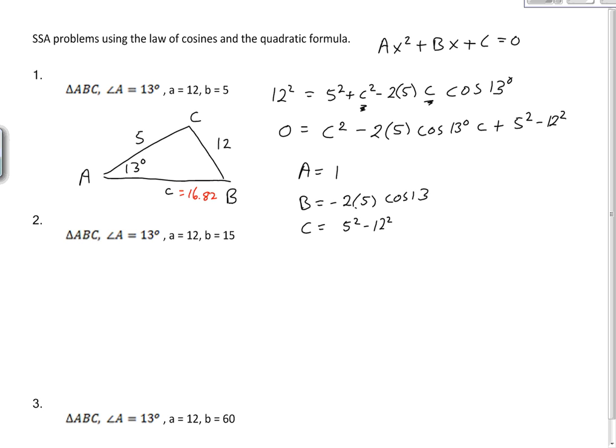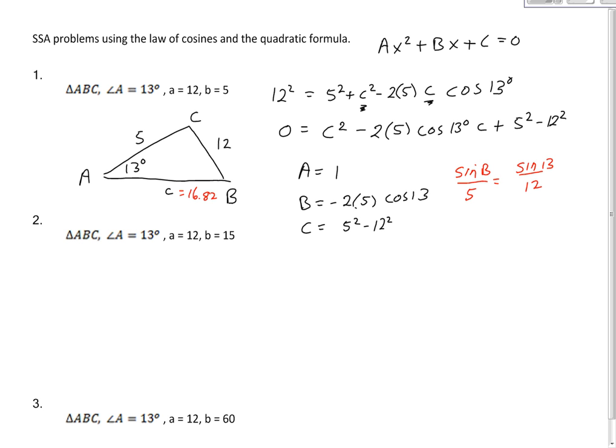Well, now I can figure out angle B using the law of sines. So sine of B over 5 equals the sine of 13 over 12.